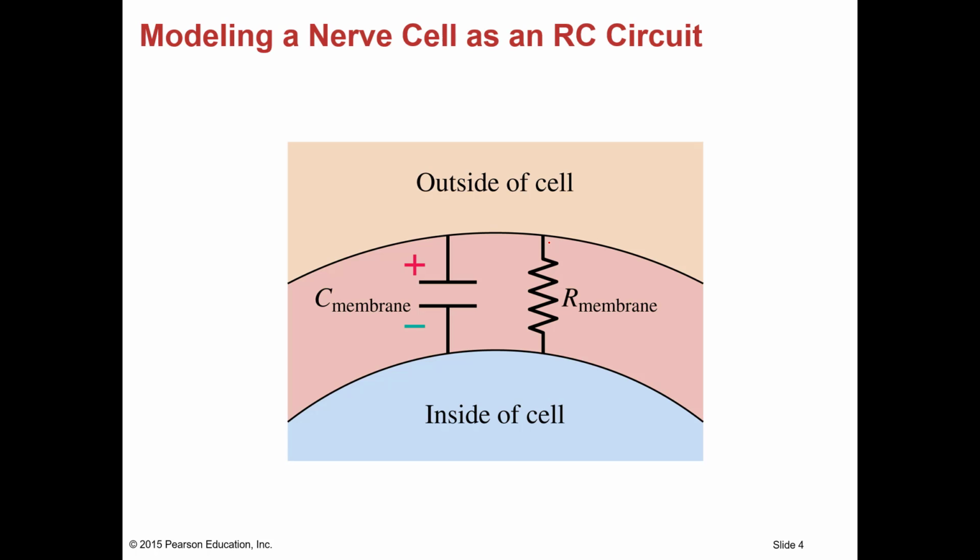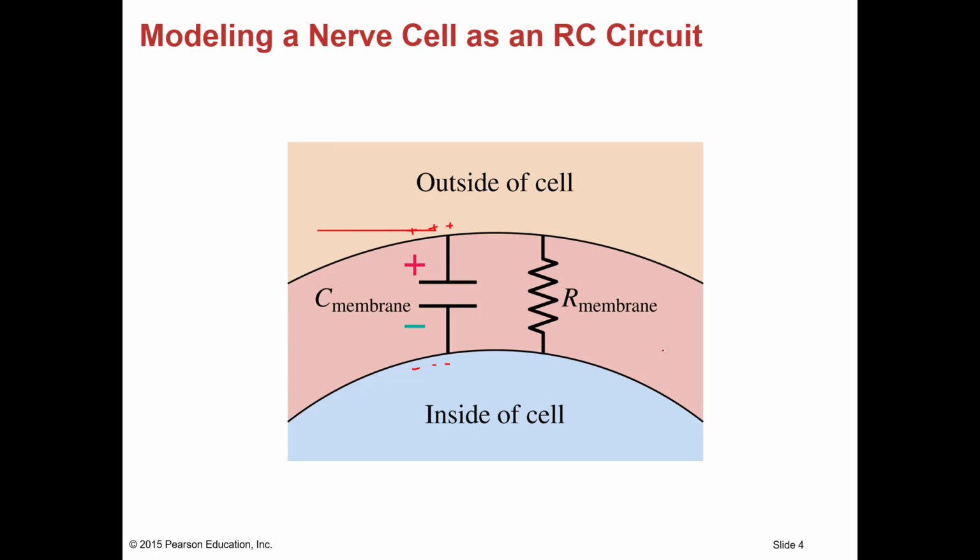Because the outside of the cell has positive and inside of the cell has negative, the cell membrane acts as a capacitor. So that's the capacitor. We are modeling the cell membrane as a capacitor, and it also has some resistance.